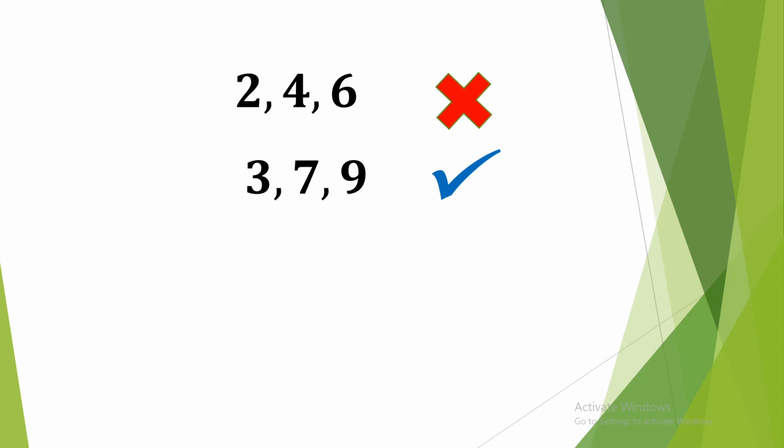If we pair 7 and 9, that's 16, and again, it's greater than the third side, which is 3. And then if we add 3 and 9, that gives us 12, which is greater than the third side that measures 7 units. How about three sides with lengths 8, 2, and 5 respectively?